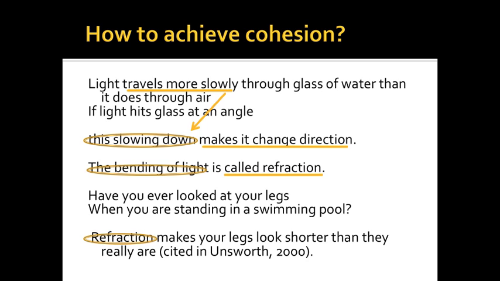And also you will see some similar information conveyed between the themes and rhymes. For example, in the first sentence, travels more slowly is the rhyme, but in the second sentence, the slowing down is the theme. But actually, they mean the same thing. Through sharing similar information between the rhyme of the previous sentence and the theme of the next sentence, people achieve cohesion. Now we try to identify whether this also applies to other sentences.